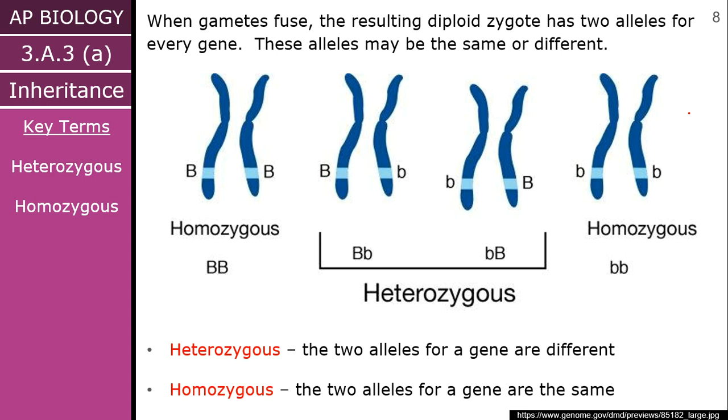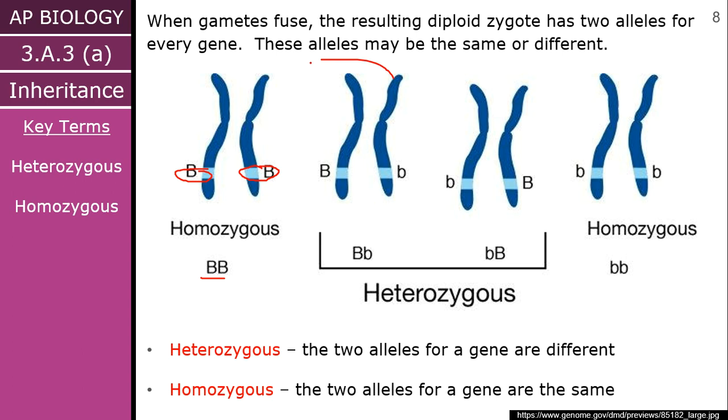So just as a quick little visual, here I have a bunch of different combinations. Here I have capital B, capital B. So just notice that the alleles are just one little part of the chromosome. Okay? And that's just because these chromosomes are made up of genes, and this gene has different versions, and this version happens to be capital B, that version happens to be capital B. Okay?